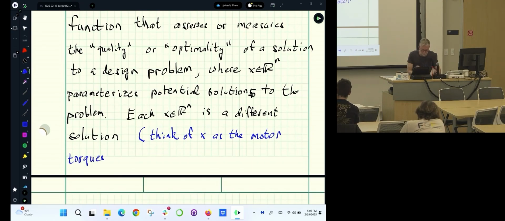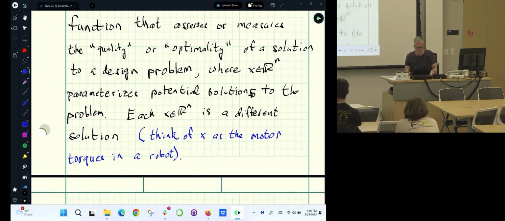Just one example. If I send different torque profiles, I get different motions of the legs. So I get different solutions to the walking problem. So each torque profile is a different solution. Some of them will be good. The robot actually stays upright. Others will be terrible and the robot falls.